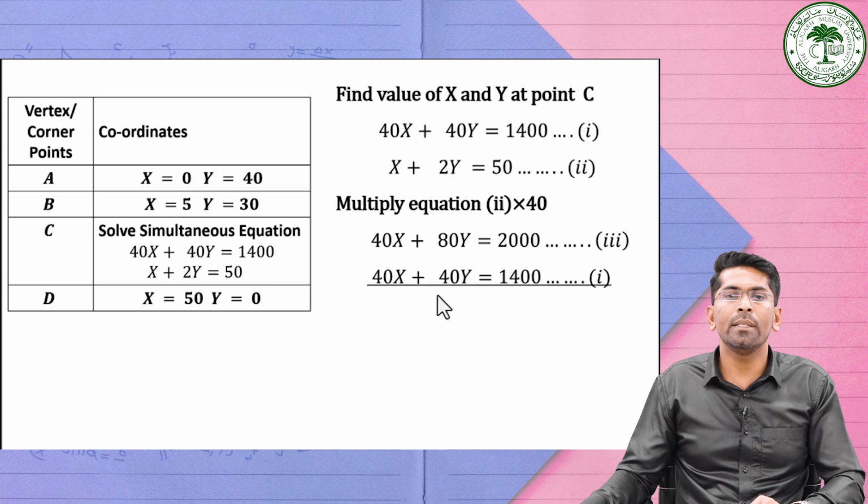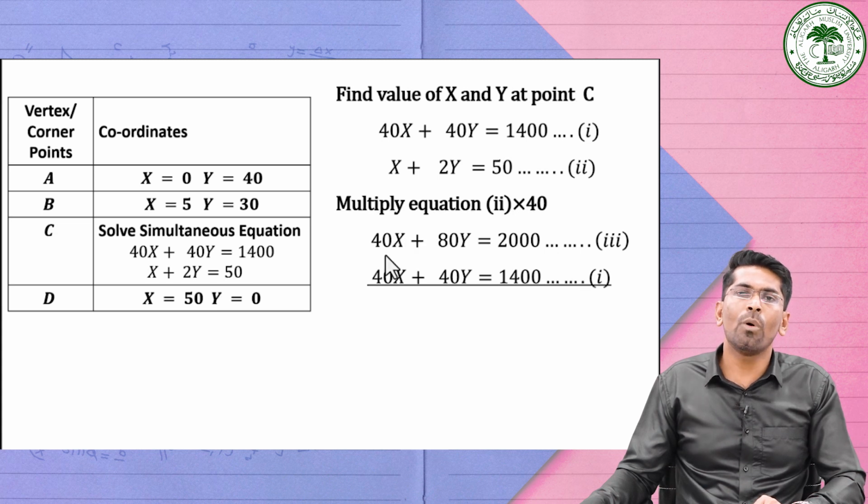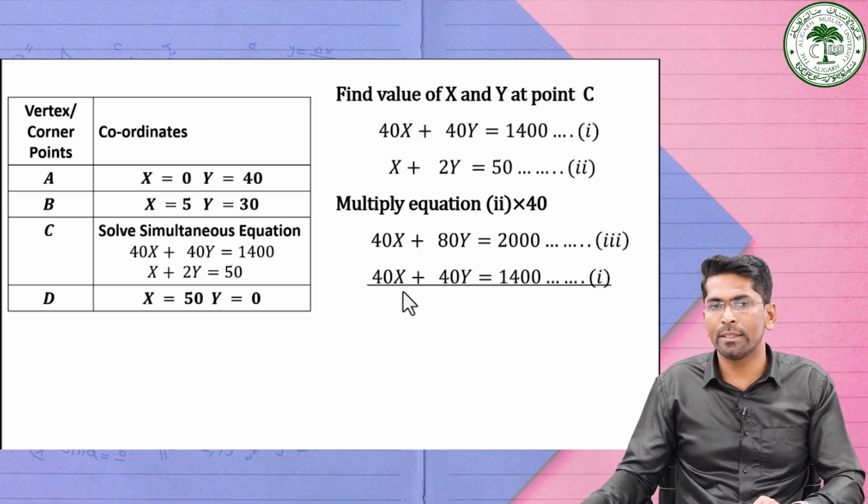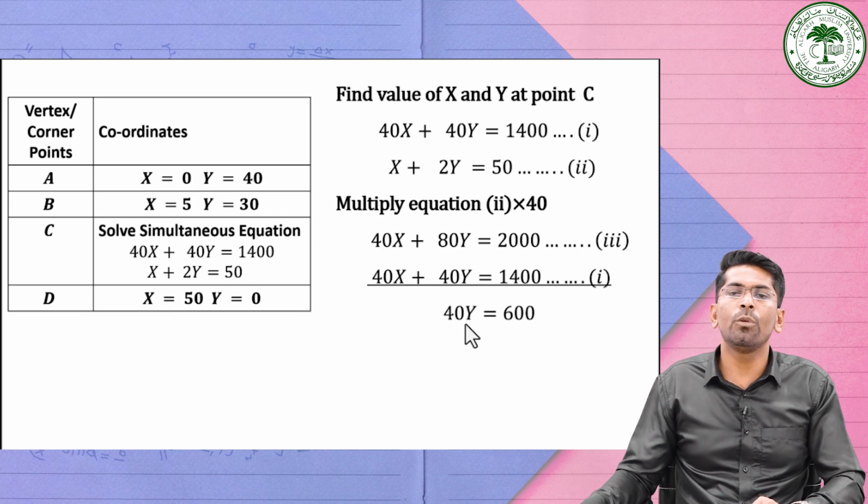We have the same coefficient of variable x, so if we subtract equation number 1 from equation number 3, we can eliminate the variable x. So 40x minus 40x is cancelled out. Then 80y minus 40y becomes 40y, which is equal to 2000 minus 1400, which is 600.